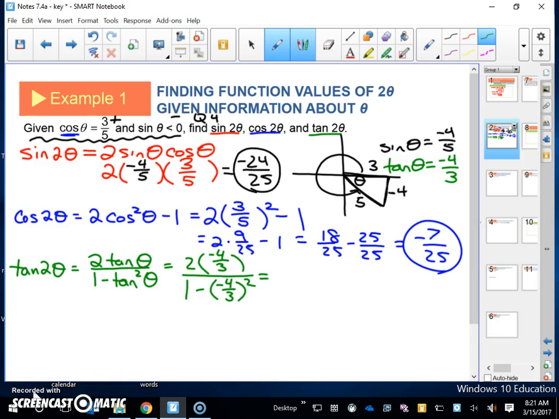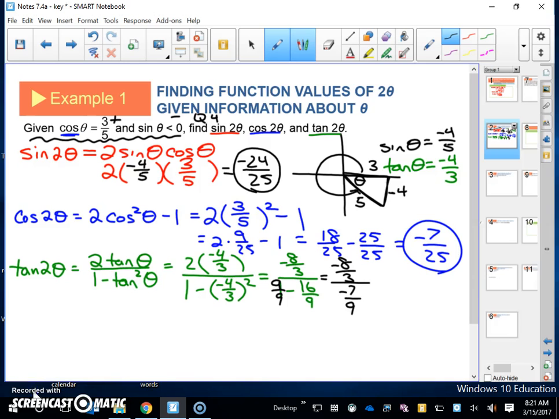Then we have to do some algebra to clean up our fractions. We've got negative 8/3 on the top. And on the bottom, I have 1 minus 16/9, once I square that. With a common denominator, let's call that 9/9, so we can add our fractions. You're constantly having problems where you have to get a common denominator. I see negative 8/3 all over 9 minus 16 is negative 7, so negative 7/9.